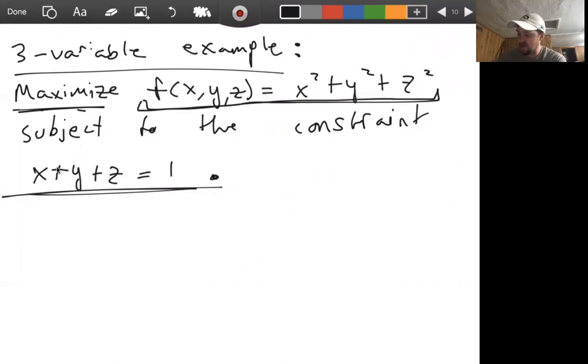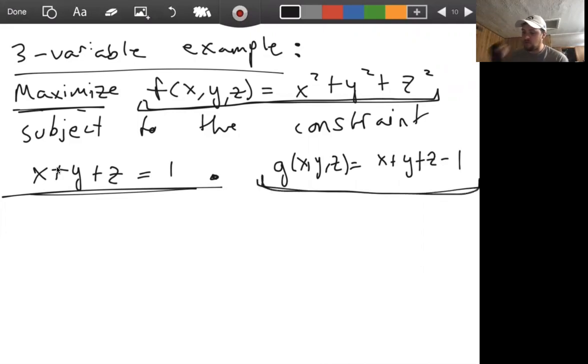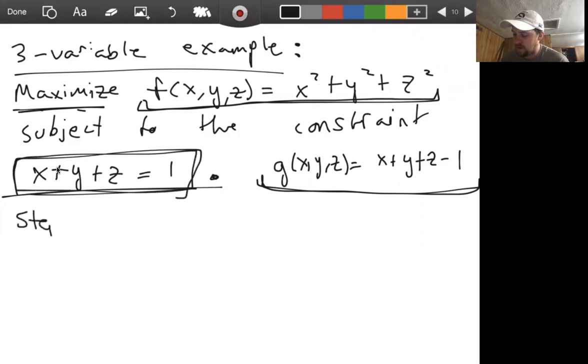So we have that g of x, y, z is equal to x plus y plus z minus 1, right? Because we think of the constraint function as some function g set equal to 0. And so x plus y plus z minus 1 set equal to 0 is the same as x plus y plus z equals 1.